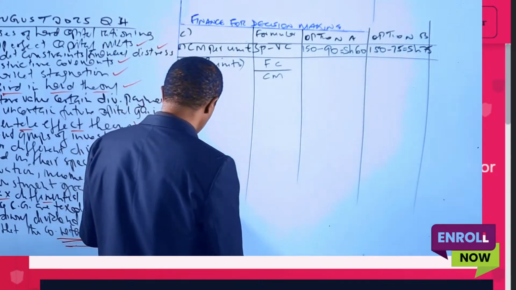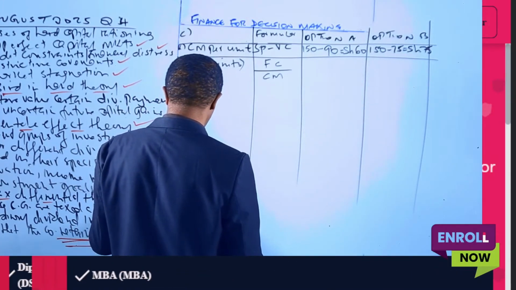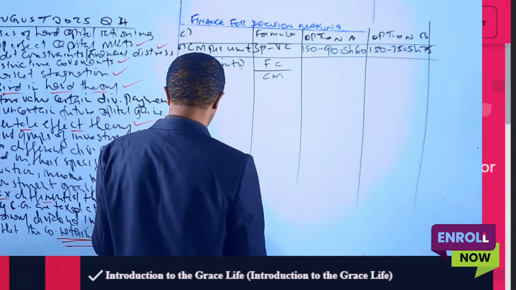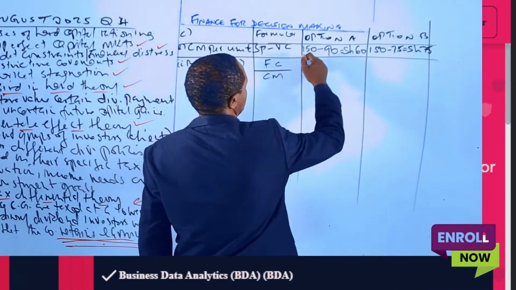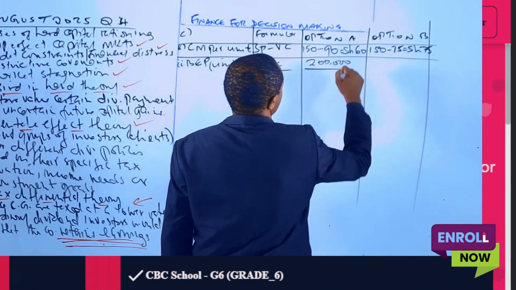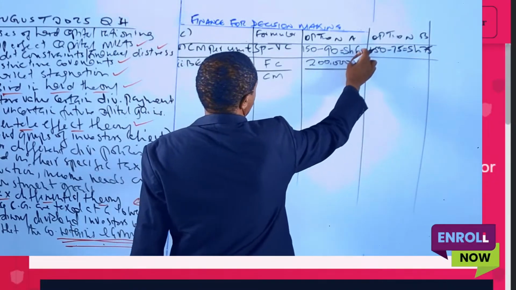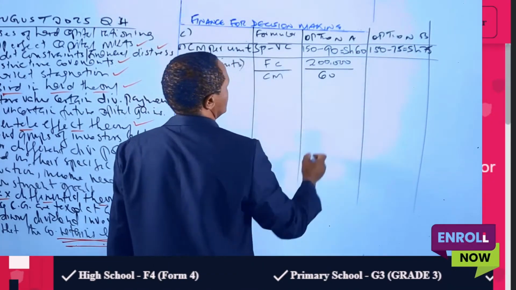So from the question we read, option A, fixed cost is 200,000 shillings. We divide by the contribution margin, which we calculated here, is 60.